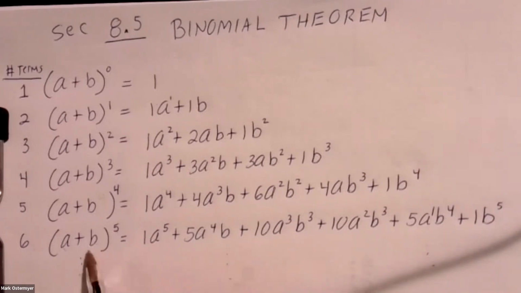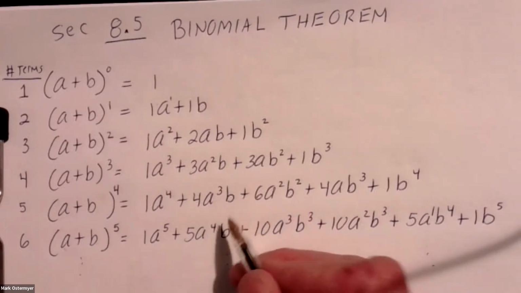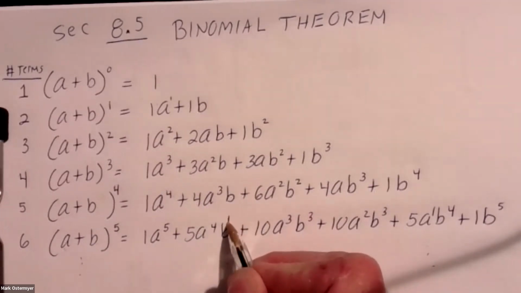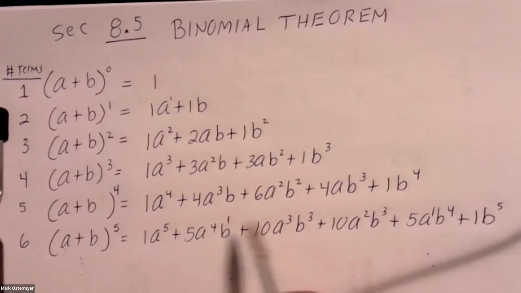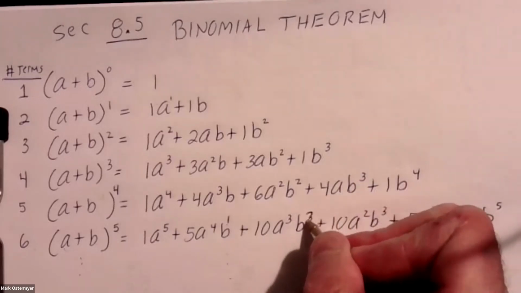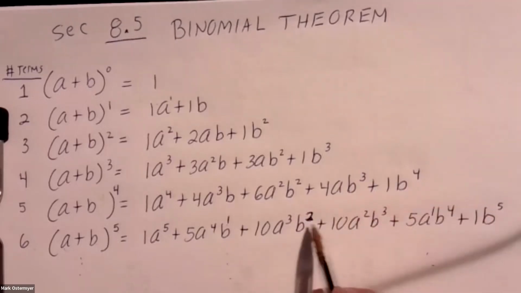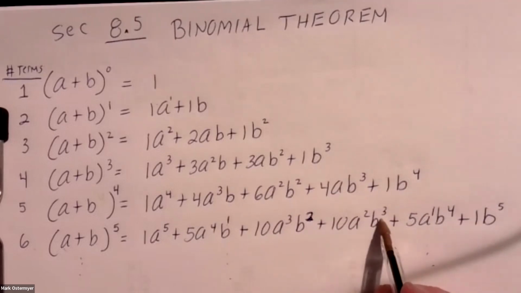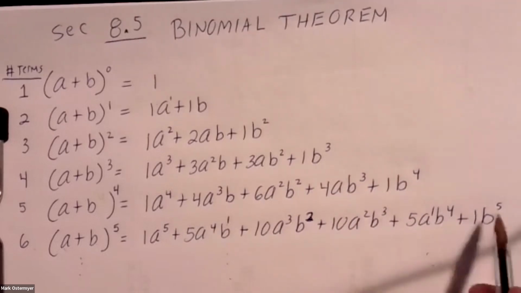Notice the power on the second term of the binomial always starts at the 0th power. So this would be a to the fifth times b to the 0 power, which is times 1. And then b's power increments by 1 as we go to the right. B increments to 1, then increments to, wait a minute here. This should be 2. Then it increments to 2, and then it increments to 3, and then 4, and then 5.